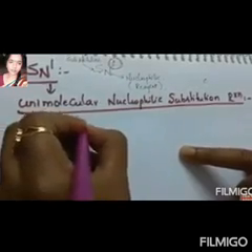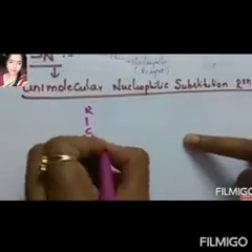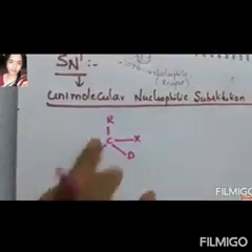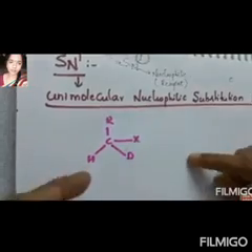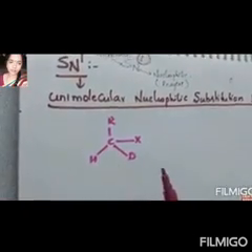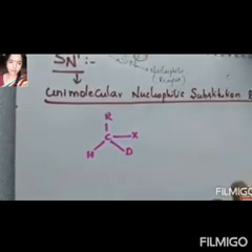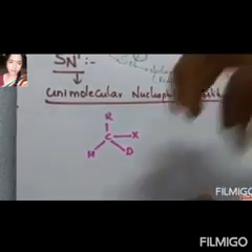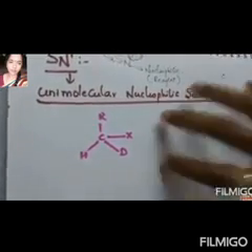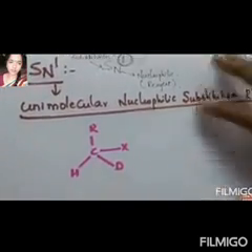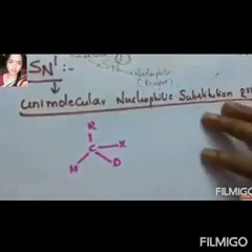Now we take one example for SN1 and explain its mechanism. Here we take one compound, with carbon surrounded by 4 different groups. One group must be a halo group, because it is a haloalkane. When this compound is attacked by a nucleophile, it forms the product.